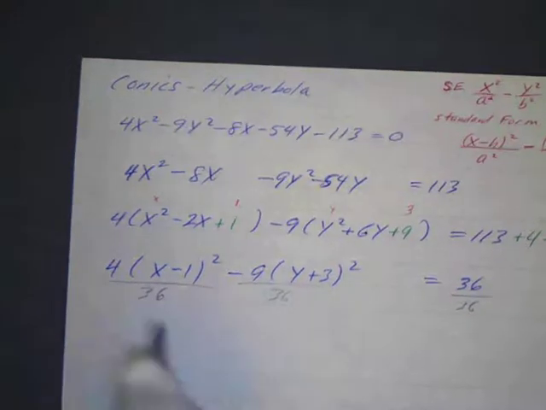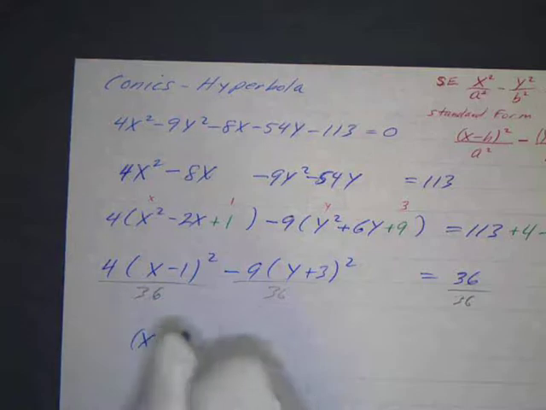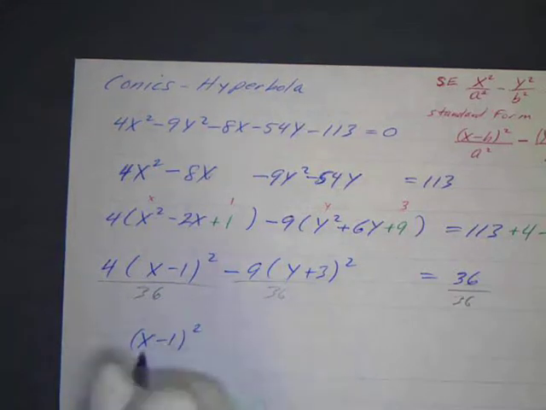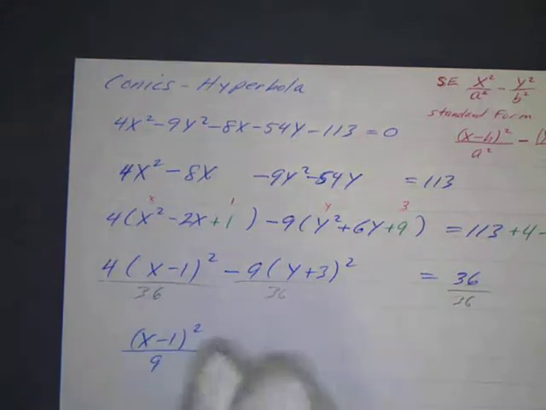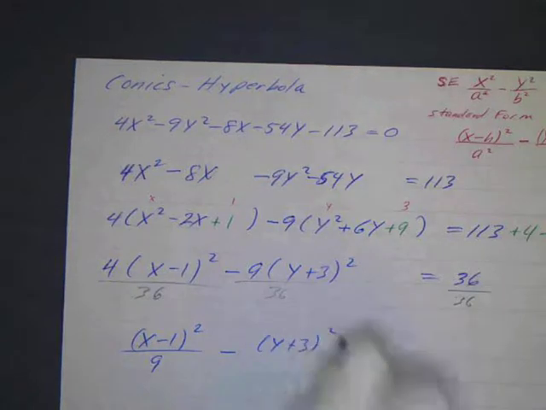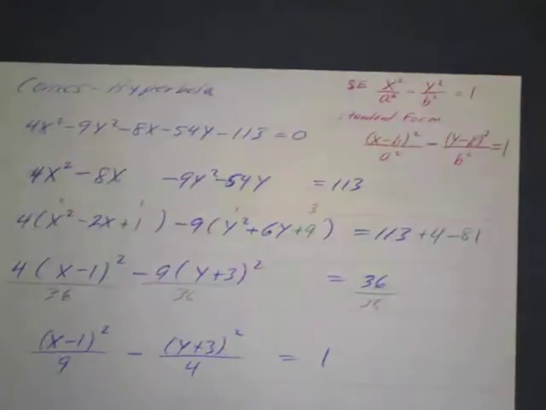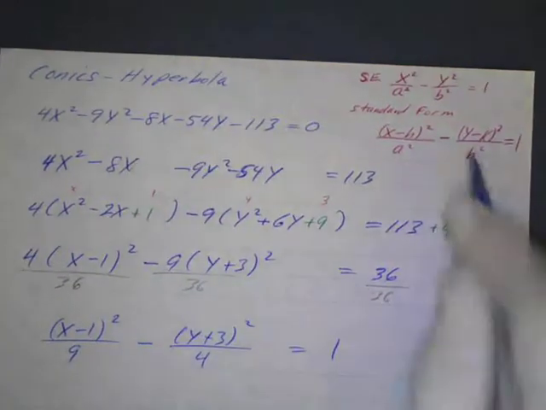Then 4 goes into 36 9 times, so I've got (x minus 1) squared over 9 minus (y plus 3) squared over, and 9 goes into 36 4 times, and that equals 1. And now we have it in standard, or graphing friendly, form.